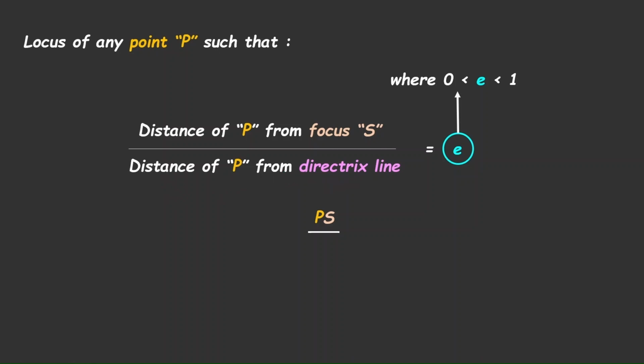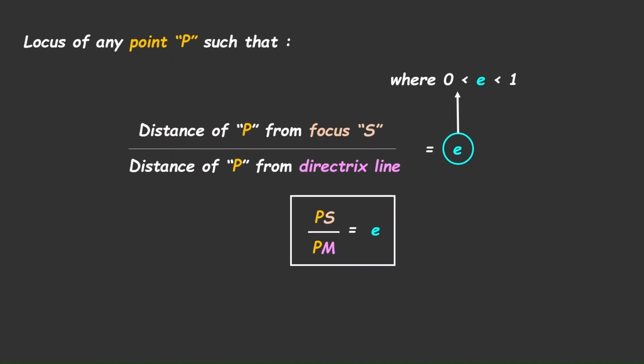If the perpendicular dropped on the directrix line from P is, let's say, M, then this distance we can write as PM. And this ratio should remain constant and equal to E. So this is the standard definition of an ellipse.